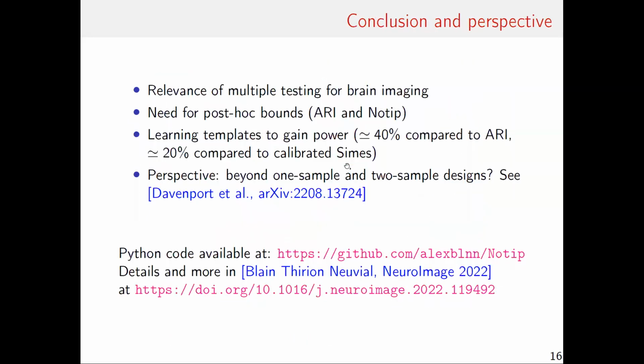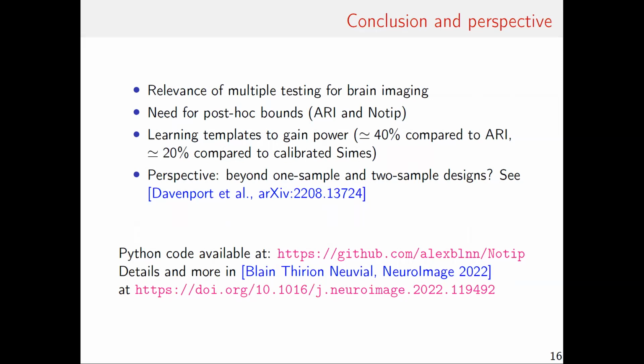And so to conclude, we've seen in this presentation the relevance of multiple testing for brain imaging, especially the problem of brain mapping. Also the need for post-hoc bounds, so with ARI and Notip, and especially the problems we can run into with false positives if we do not take into account the selective inference problem.